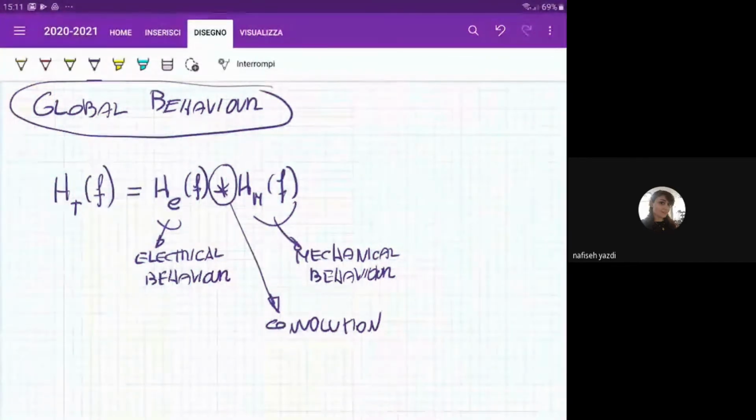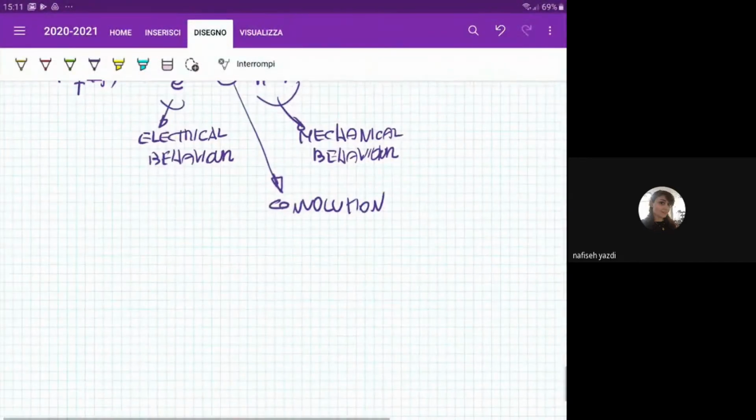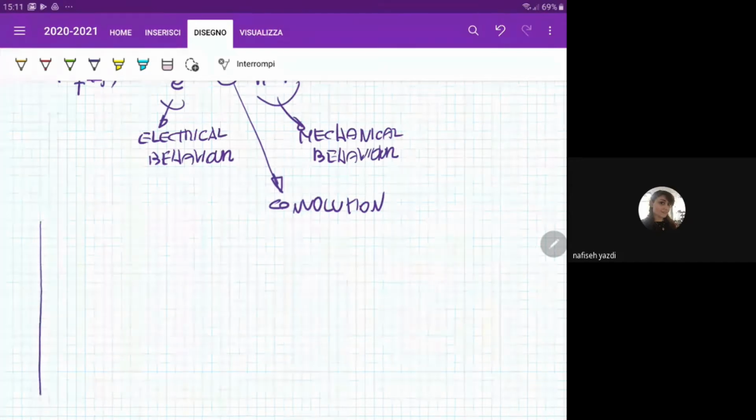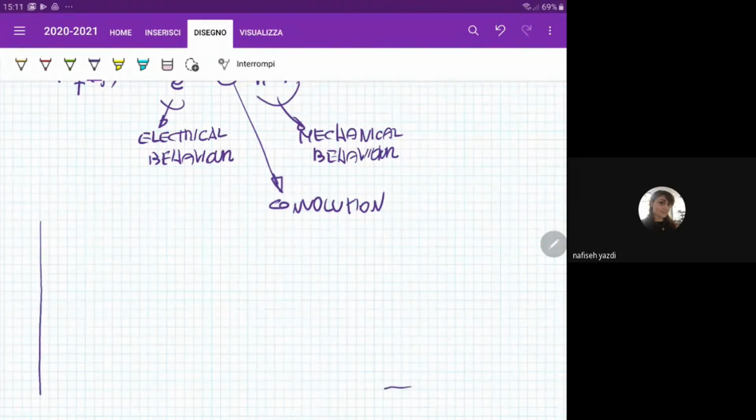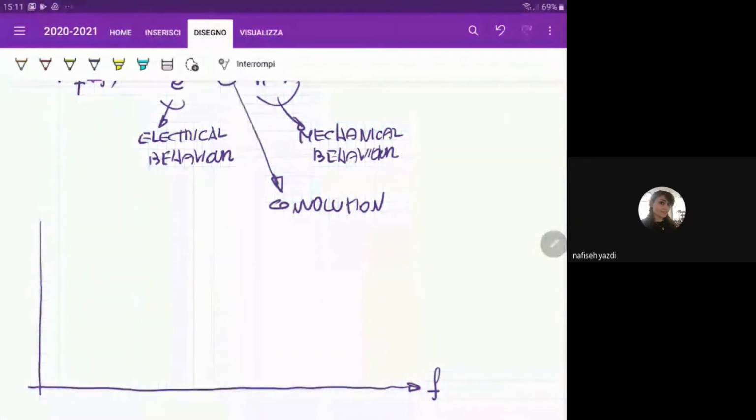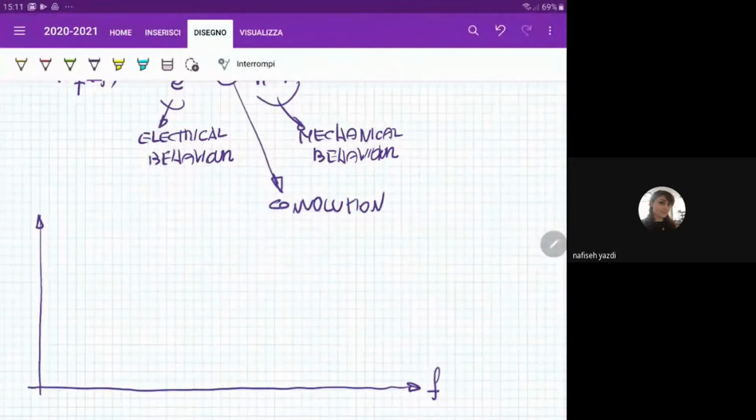So, in order to characterize this, let's have a plot, a typical plot of such a transducer barometer. So we have in the x-axis the frequency, and in the y-axis your overall transfer function in terms of amplitude.